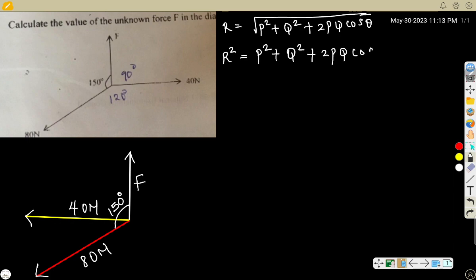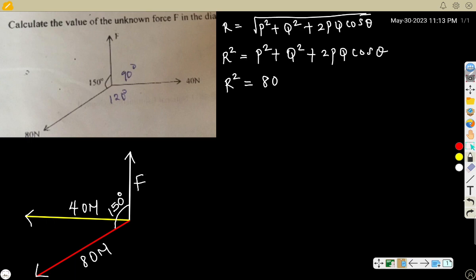plus 2pq cos theta. So we have R square equals, what is p? p can be any of these: either p can be 80 and q F, or p can be F and q can be 80. Anyone you like, use it.